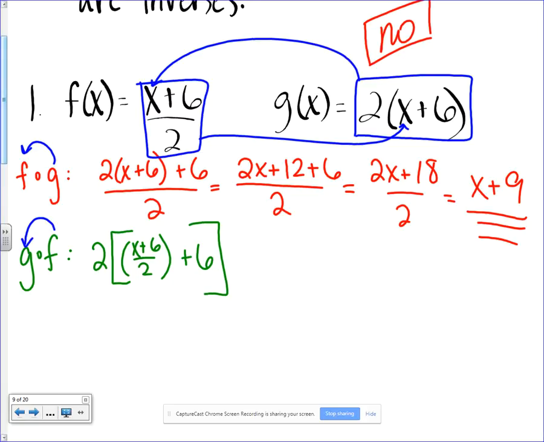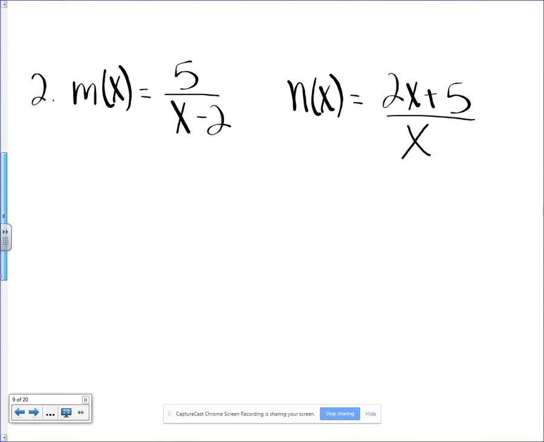Notice I only put the f function in where the x is in the g function. Okay, so let's go ahead and distribute this too. And you'll notice, again, it doesn't boil down to just an x. They both have to equal just x in order for them to be inverses of each other. Let's try another one.